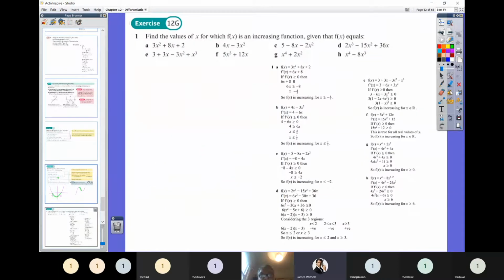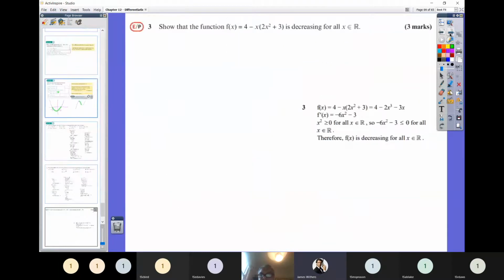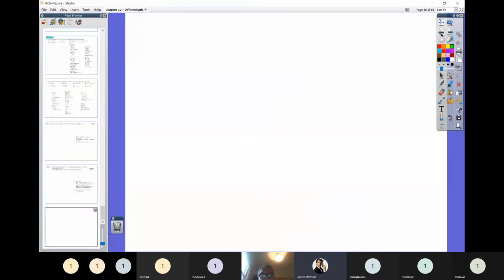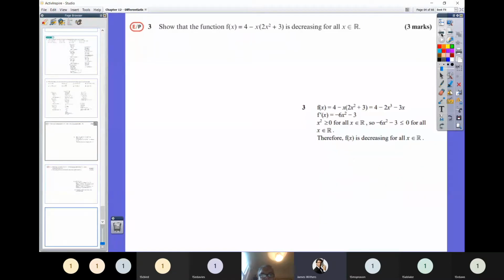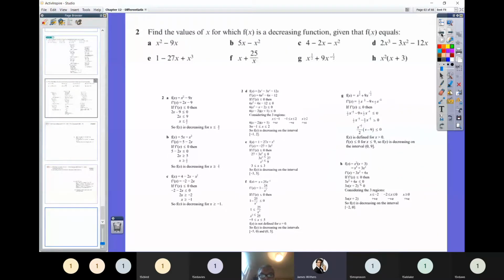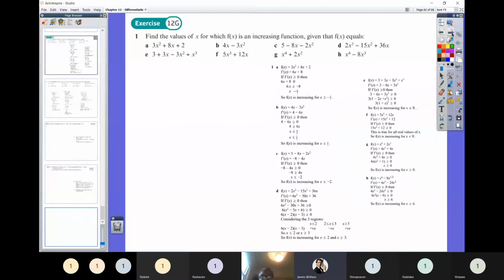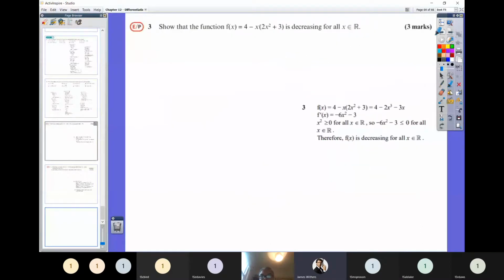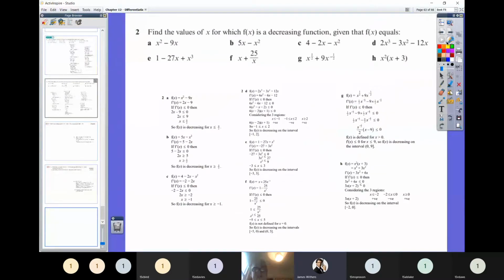And then we are into exercise 12G. So that's what we're going to do today. It's not that long, it's only 4 questions long, but obviously there are some quite significant bits to 1 and 2. So what I would suggest is I'd want to make sure we have time to get on to 3 and 4, because they're exam standard. So for questions 1 and 2, let's for now just do the odds.